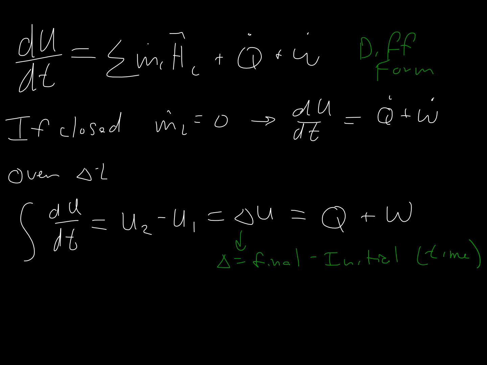Now if we go to an open and steady state system, dU/dt is equal to what always? 0. It's steady state. Everything d/dt goes away. Always goes away in a steady state system.